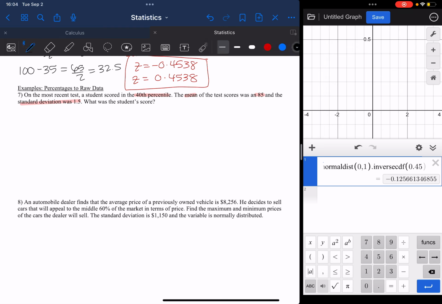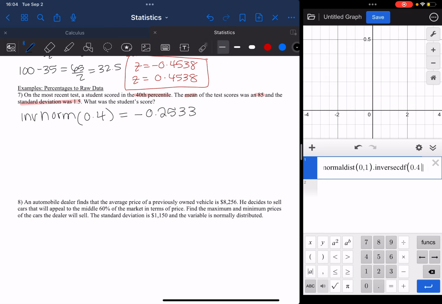Well, if the student score was in the 40th percentile, then we need to do the inverse norm of 0.4. So that's what I'm going to do first. Getting that, I'm going to get negative 0.2533. This, remember, is our z-score.